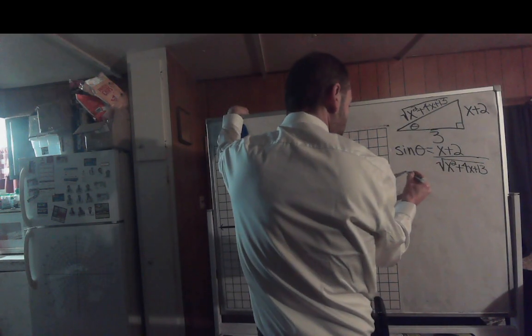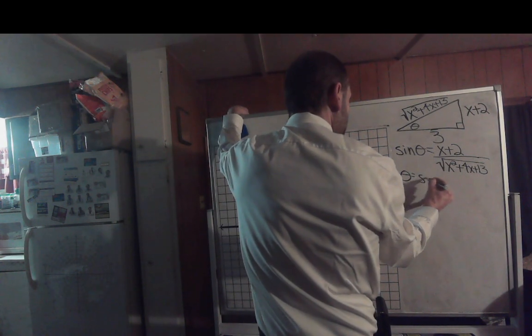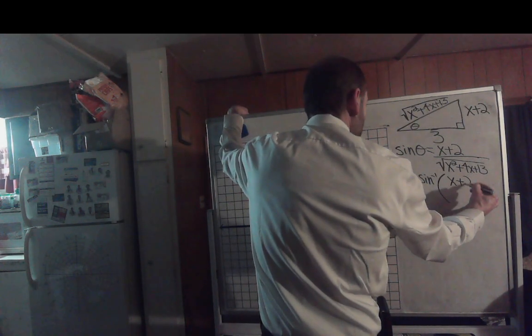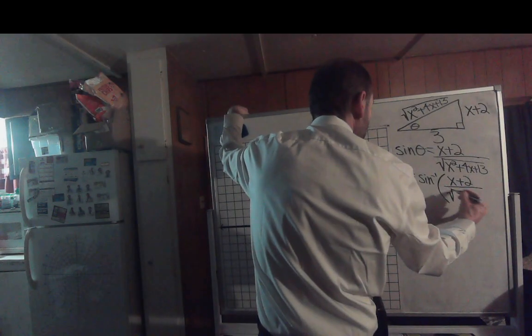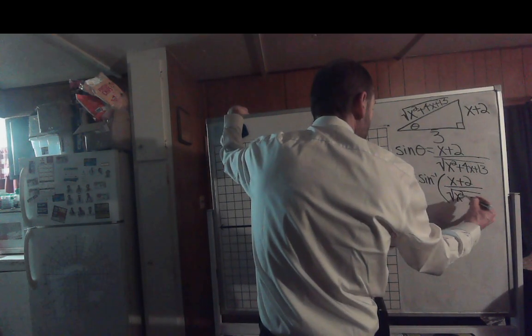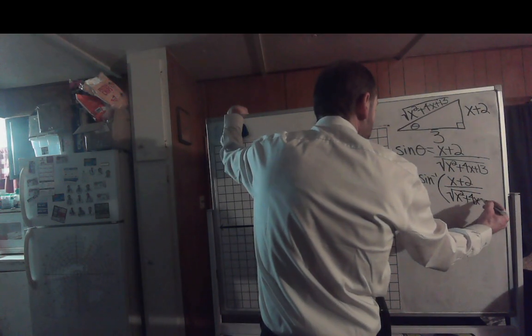So that means that theta itself would equal the inverse sine of x plus 2 all over the square root of x squared plus 4x plus 13. That was a pretty nasty one.